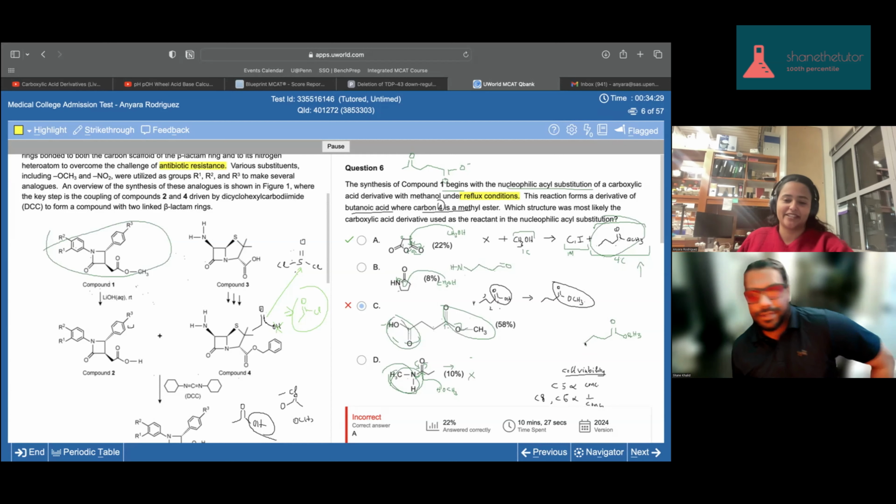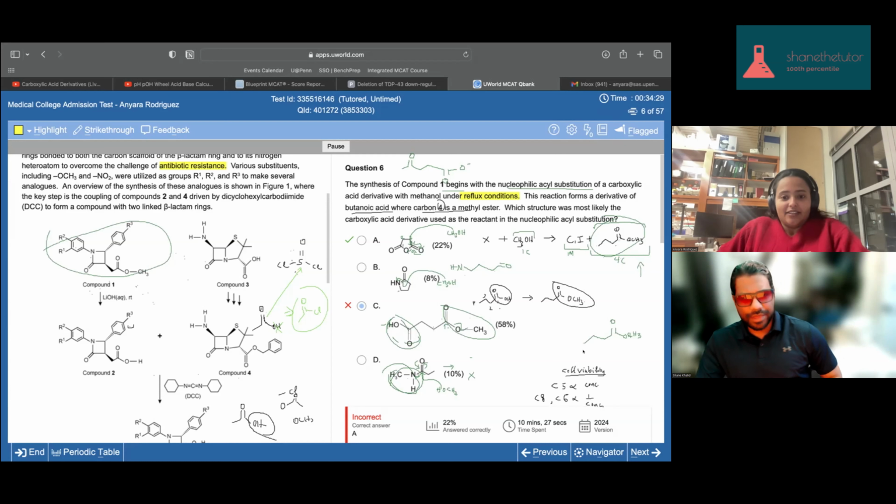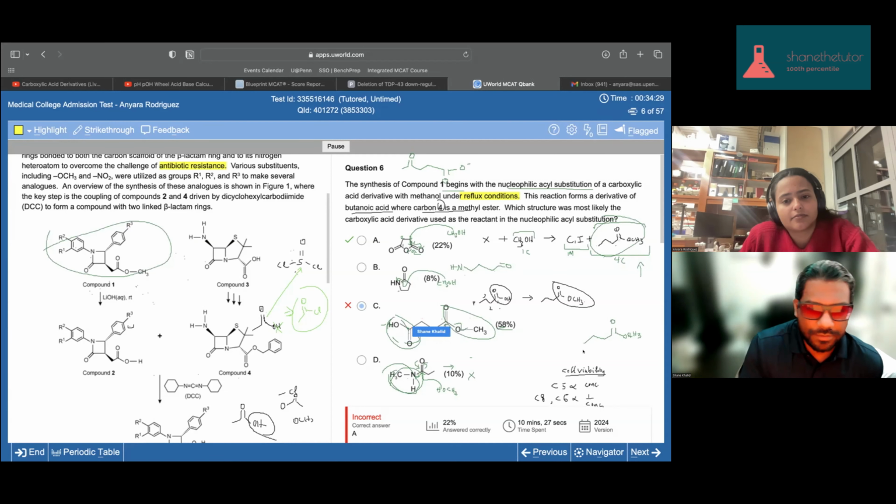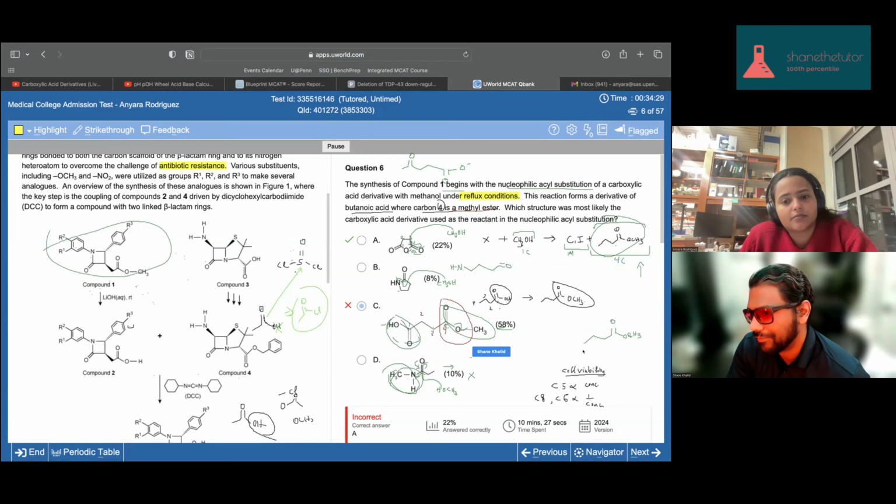Okay. Yeah, good. I think the four thing probably is what made most people choose this, because this works with the type of naming that you mentioned, right? Like if this was 1, 2, 3, and 4, then it would make sense that this fourth carbon is the methyl ester, right?